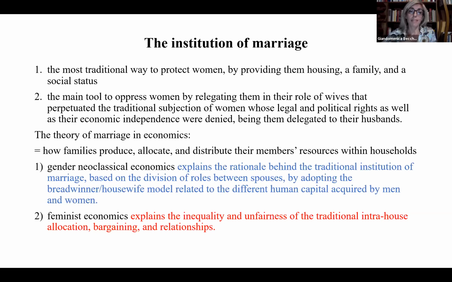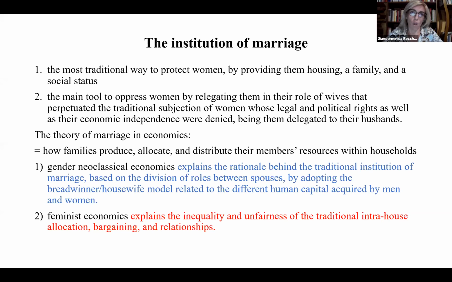In particular, in economic theory, the theory of marriage has been declined into different ways of study, of research. The first is the way in which neoclassical economics, gender neoclassical economics, deals with marriage. Generally speaking, we can say that gender neoclassical economics tried to explain the rationale behind the traditional institution of marriage, which was based, and still is, on the division of roles between the two partners by adopting the so-called separate spheres.